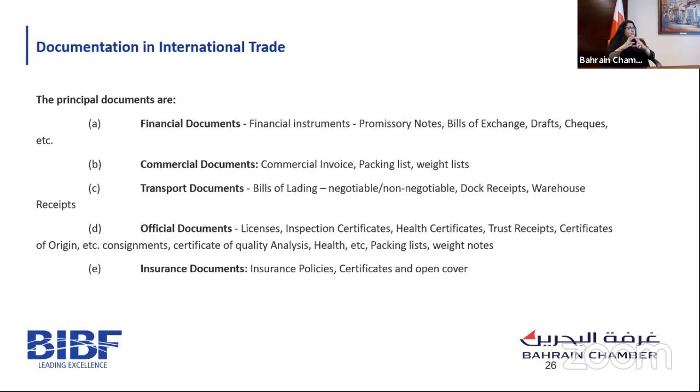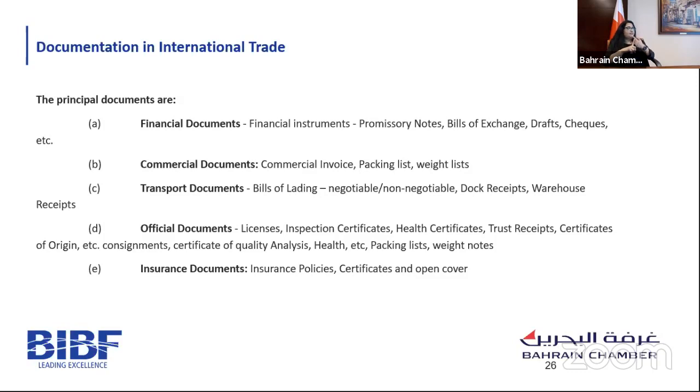There is only one negotiable transport document, which is the bill of lading. The bill of lading is normally used when the mode of transport is by sea. If you have used airways, then an airway bill will be given. When you are using multimodal transport, then multimodal transport documents will be issued.